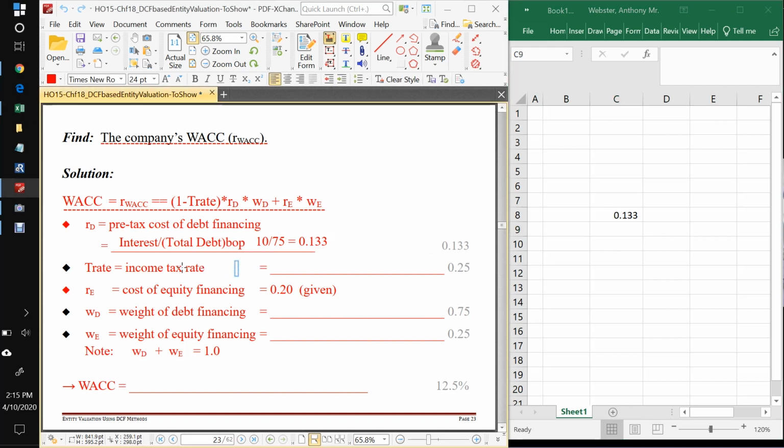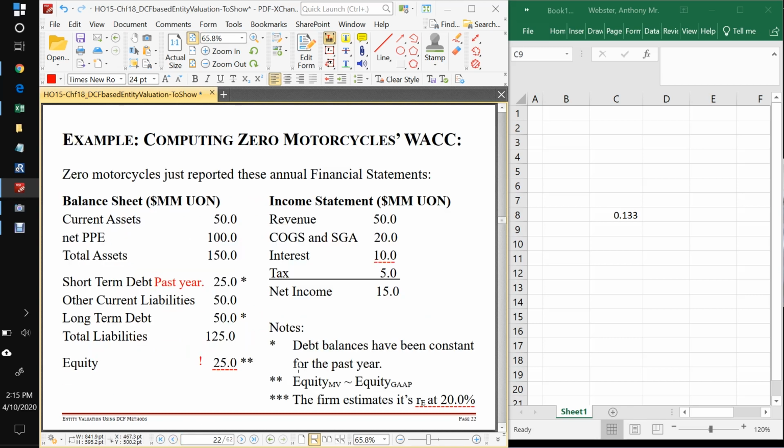Okay, so that's 0.133. Our tax rate is our income tax rate, and that is always our tax divided by our EBT. Okay, and let's see what we had here. Our tax was 5. And our EBT is equal to 15 plus 5, or 20, right?